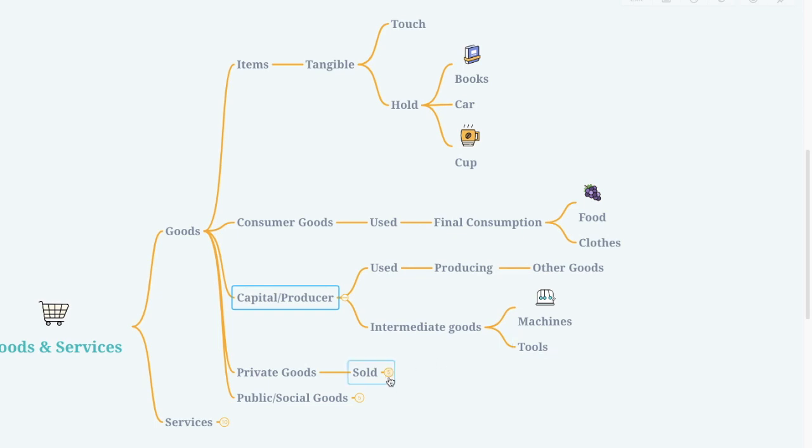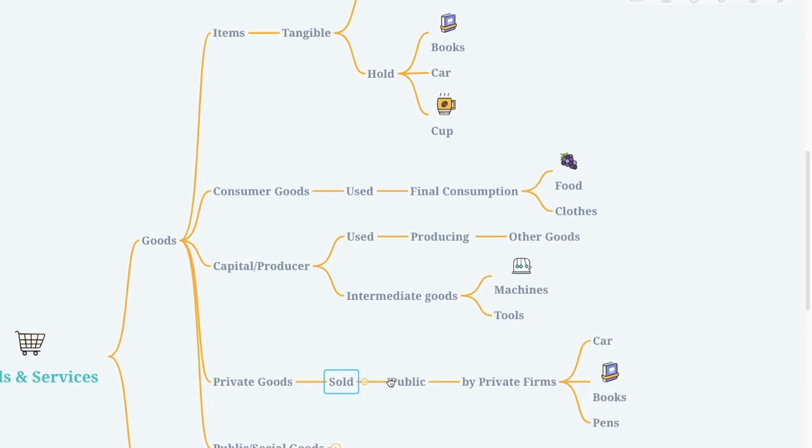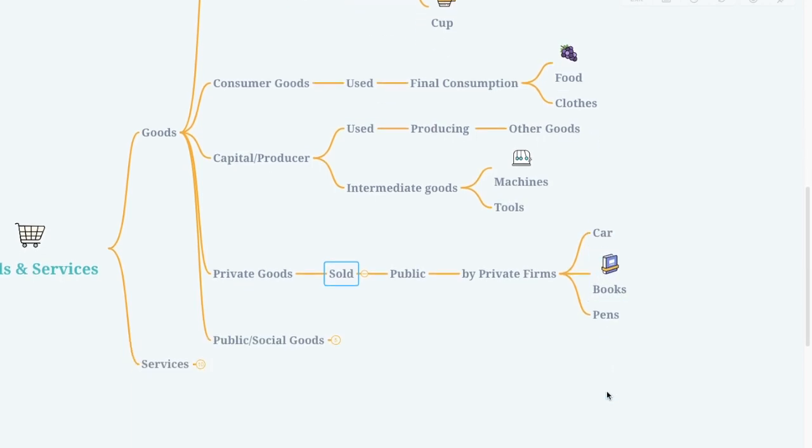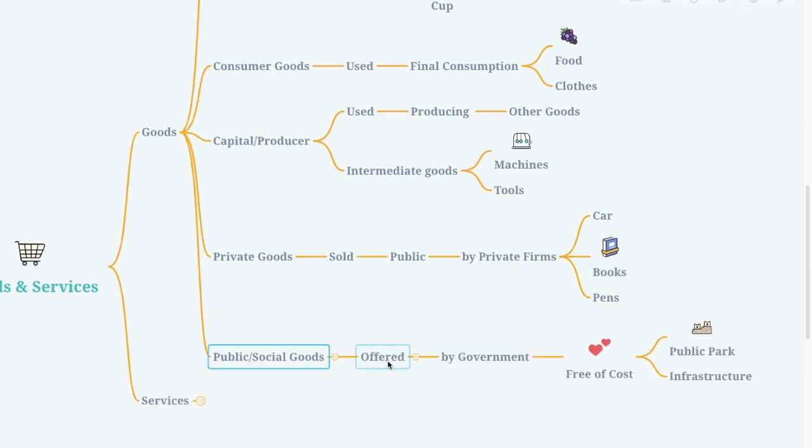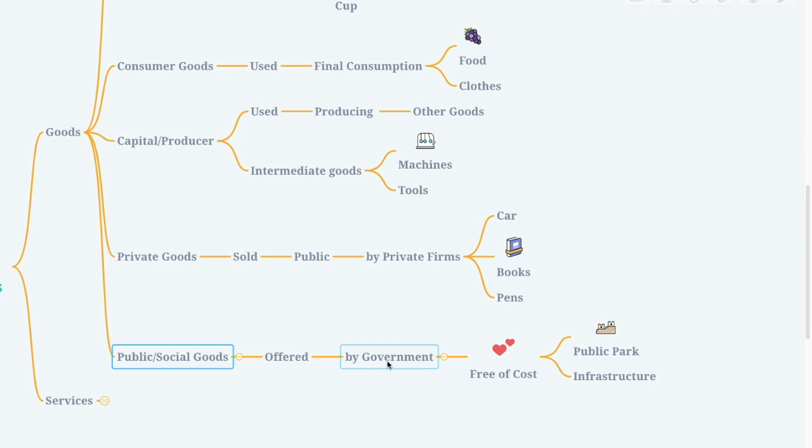What are private goods? These goods are sold to the public by private firms, for example, cars, books, pens, etc. What are public or social goods? These goods are offered by the government free of cost. For example, public parks, infrastructure, etc.